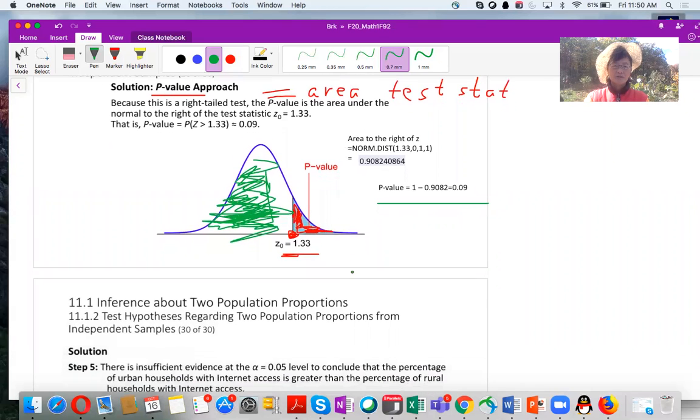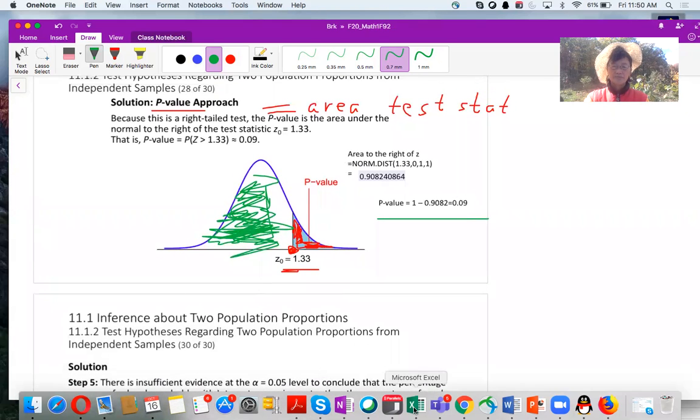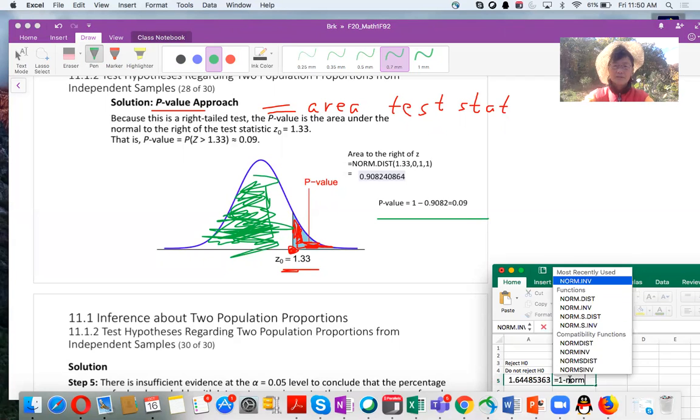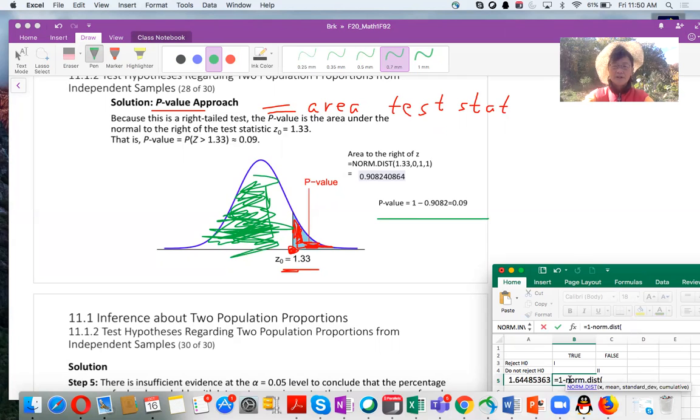So I'm going to use Excel to do this. I'll write it down here: equal to 1 minus NORM.DIST. Dist means area. X is 1.33, mean is 0, standard deviation is 1, cumulative yes, where yes means 1.